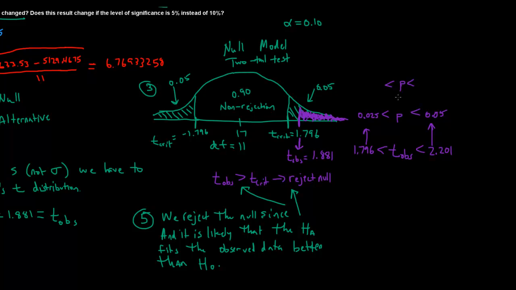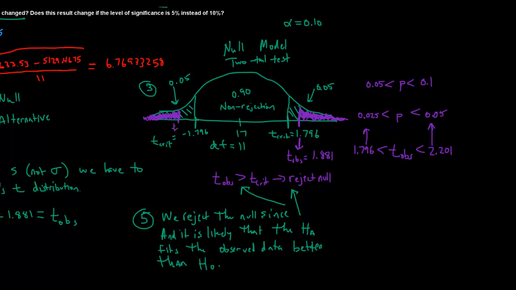So p at the very highest is 0.05 times 2. Now, what's 0.05 times 2? 0.05 times 2 is 0.1. Now, what's the smallest p is going to be? Well, that's 0.025 times 2, which is 0.05. So when we're talking about the area, if I find negative t observed over here and find the area to the left of that, since we're doing a two-tailed test, we have to find the area in both tails.